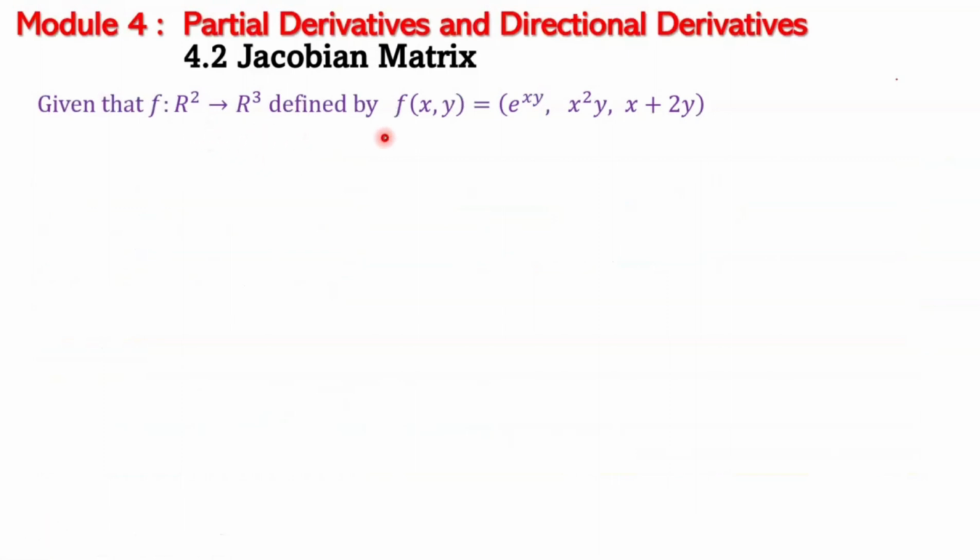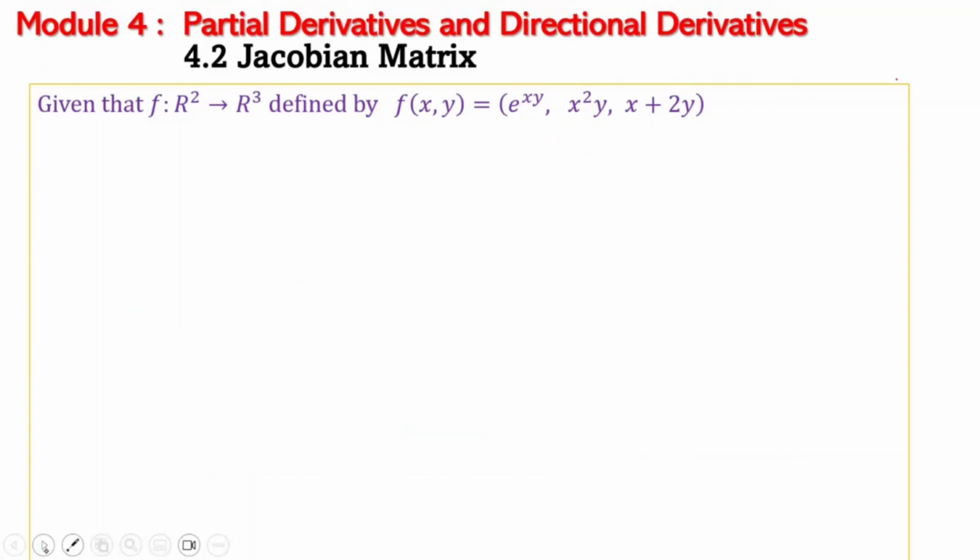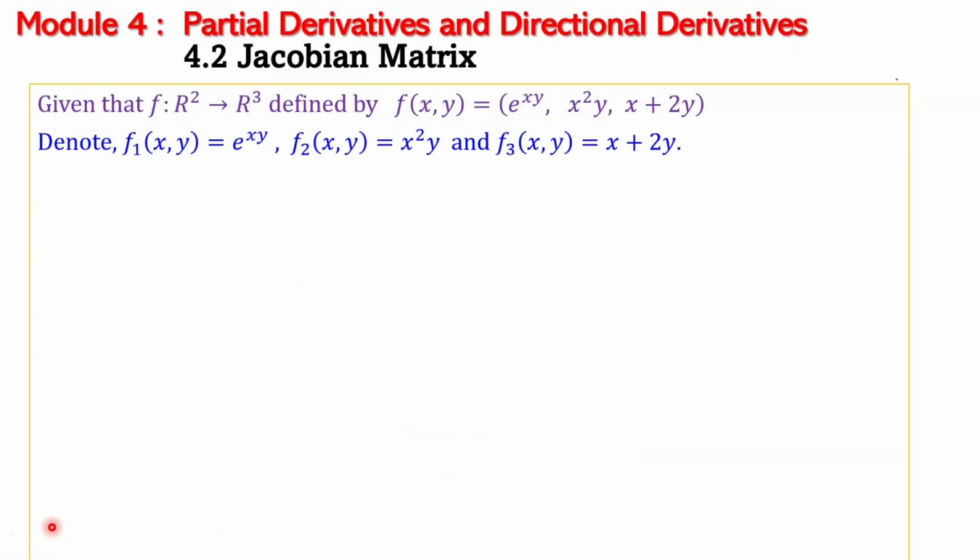Given that f from R2 to R3 is defined like this, we take the components of this function: f1 is e to the power xy, f2 is x squared y, and f3 is x plus 2y.